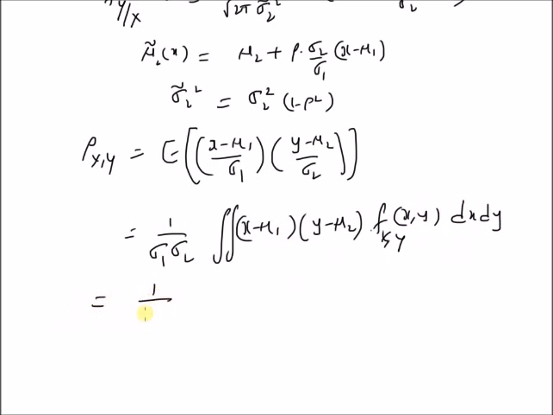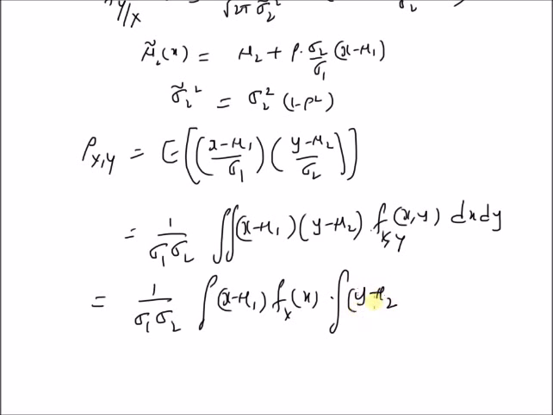Now we have 1 by sigma 1 into sigma 2. Rewriting the integrals, basically rearranging them, into the integral of (x minus mu 1) into f_X(x), times the integral of (y minus mu 2) into f_{Y|X}(y given x) dy dx.